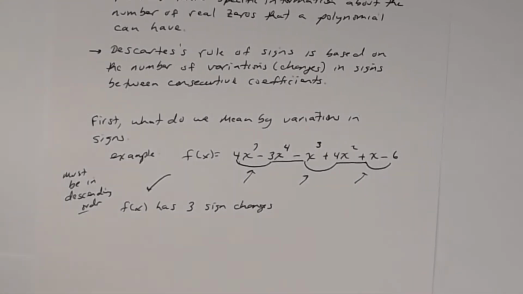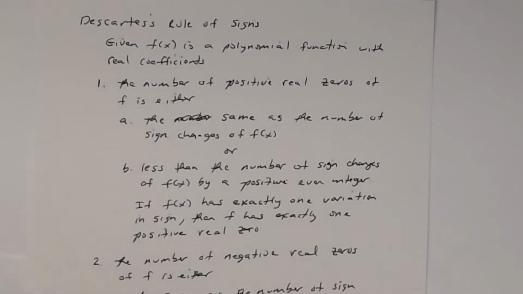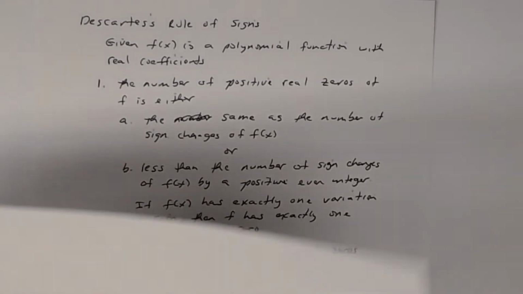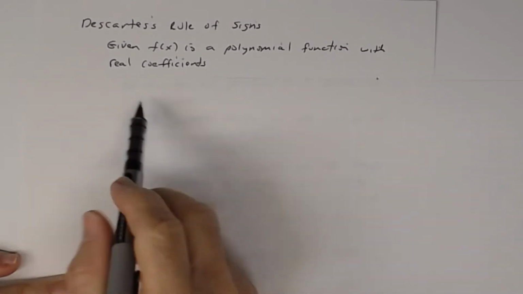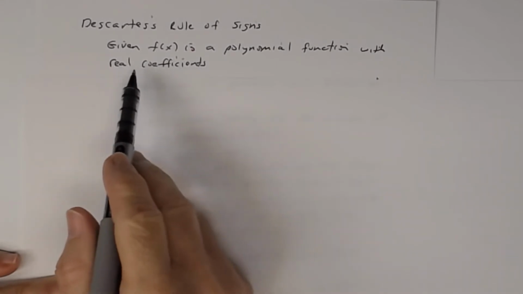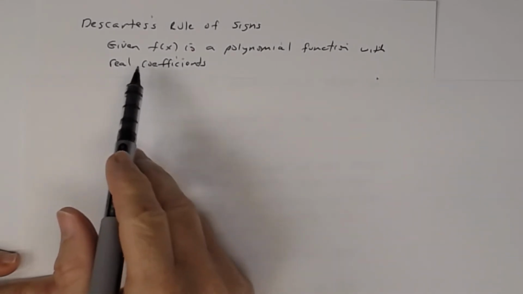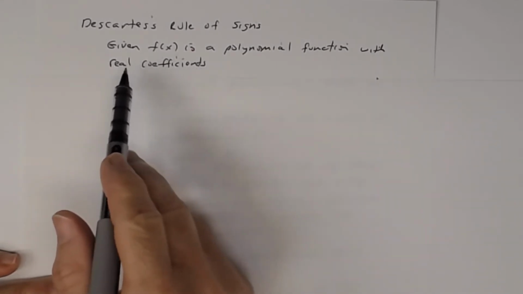Okay, now, before we can look at an actual example using Descartes' rule of signs, we need to talk about what Descartes' rule of signs says. So Descartes' rule of signs says this. Given a polynomial function, and the polynomial function has real coefficients. Remember, a real number is rational or irrational. All right.